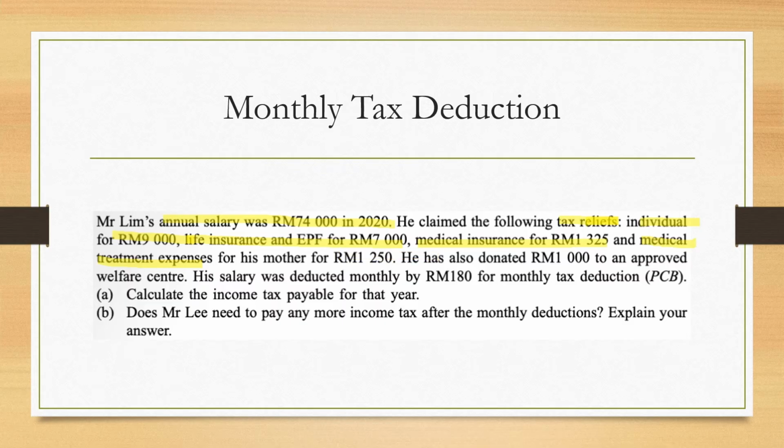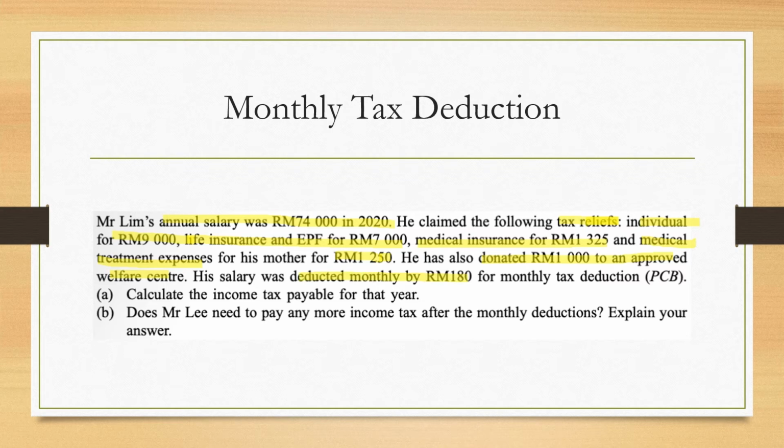Alright, donation 1,000 to an approved welfare center. Okay, deducted monthly salary. The question tells you your monthly tax. In most scenarios, you need to know your monthly tax deduction. Alright, your monthly tax deduction of 1,800 ringgit.